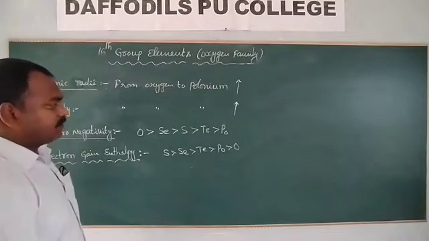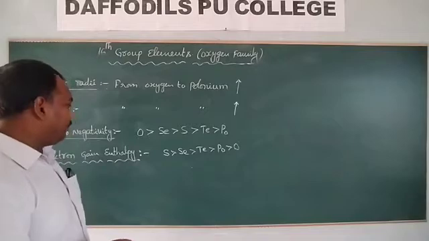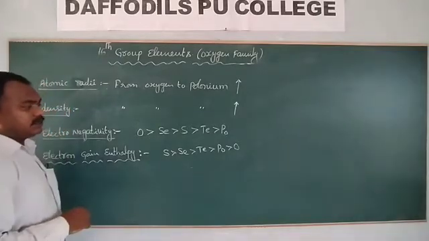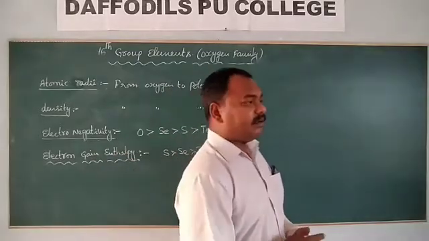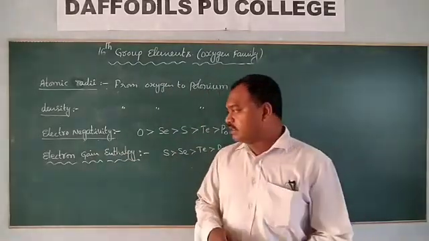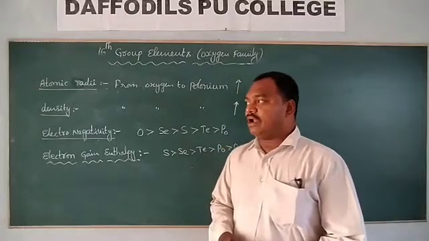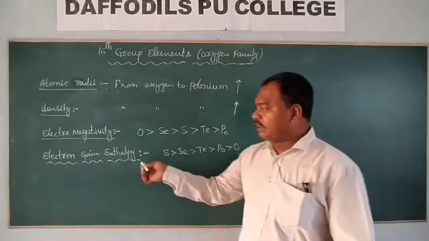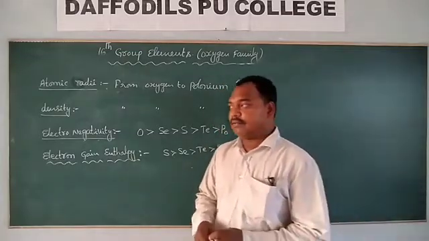But third period elements have more electron gain enthalpy than second period elements. We already discussed this in the periodic table also. In the periodic table, we discussed that the electron affinity of fluorine is less than chlorine.